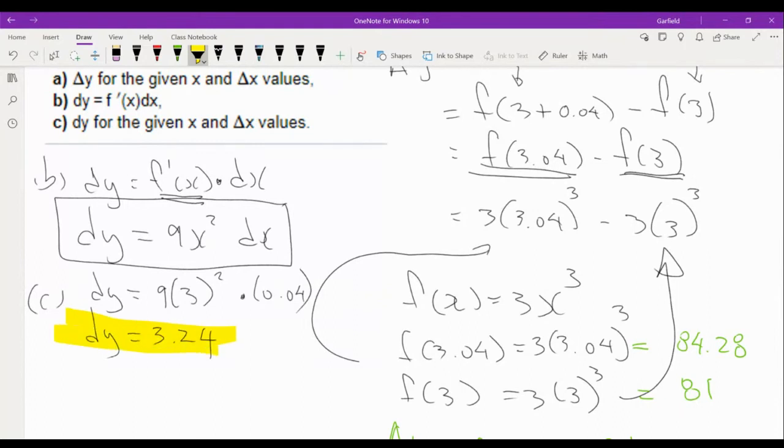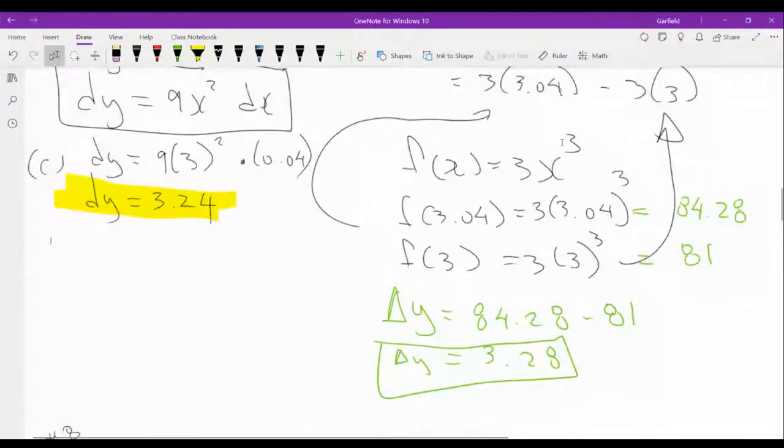So this is our dy. Now let's look at our delta y. Our delta y is 3.28. Would you say the answers are kind of close? Okay. Which one was the least amount of work? Delta y or dy?